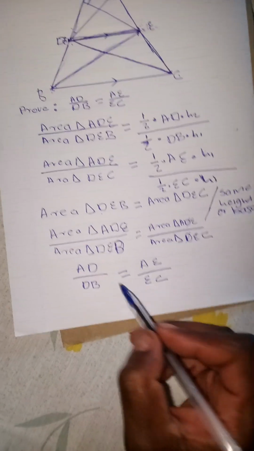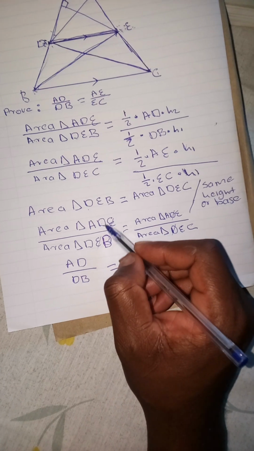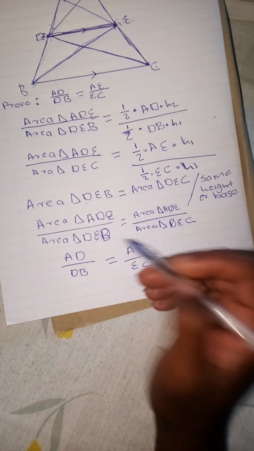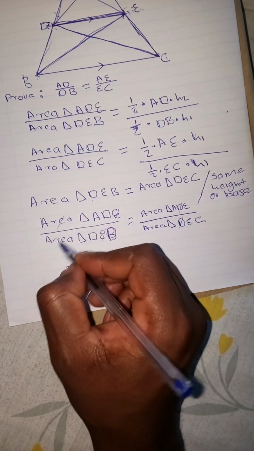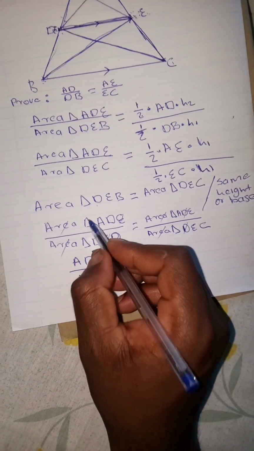The reason we are cancelling is that we want to be left with AD. Area cancels area, area cancels area, triangle cancels triangle.